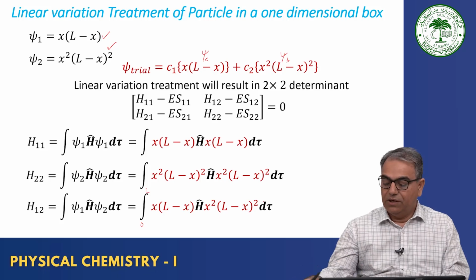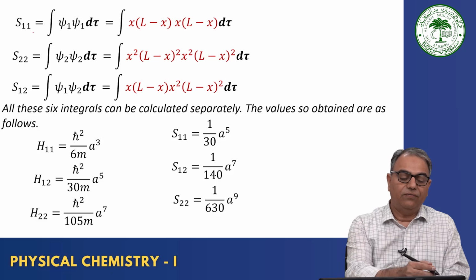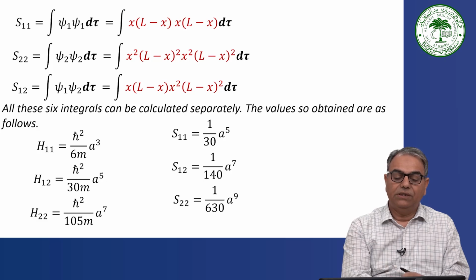If you use these values, for the same reason S11, S22 and S12 also you can write, x into L minus x, x into L minus x, d tau. Here H is not there, the rest of the thing is the same. Then you will find out these integrals; all these 6 integrals' values I have given you.